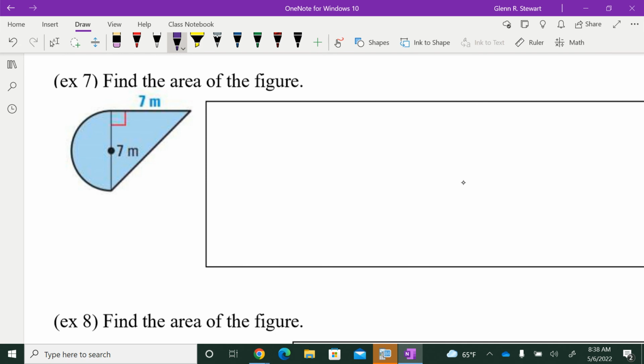We've got a semicircle and we've got a triangle. So area of a triangle is one half the base times the height. And then again, you've got the area of a full circle. A full circle would be pi r squared. So a half of a full circle would just be 1/2 pi r squared.